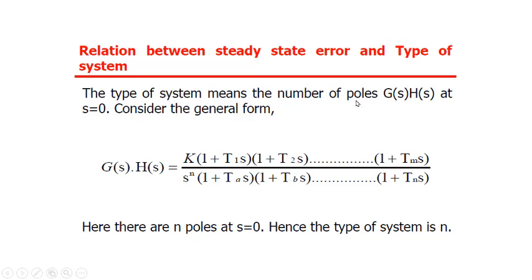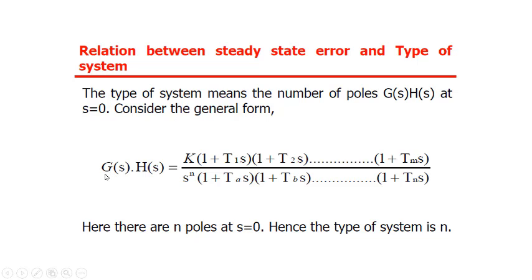We'll talk about poles and zeros later, but right now, poles are the roots of the characteristic equation of this open loop system G(s) H(s), that is, the roots of the denominator of this equation.